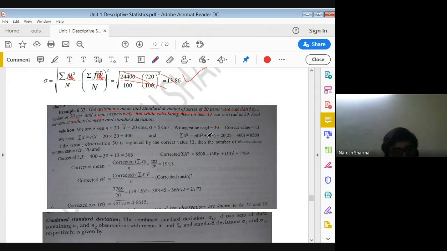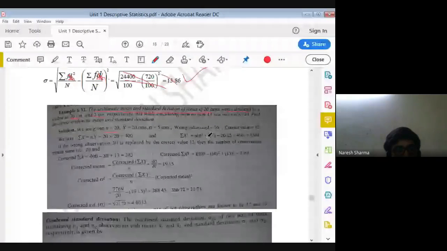I'm again repeating the question: the arithmetic mean and standard deviation of a series of 20 items were calculated by a student as 20 centimeter and 5 centimeter respectively.